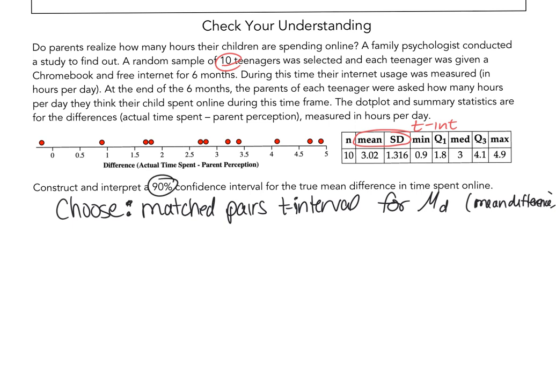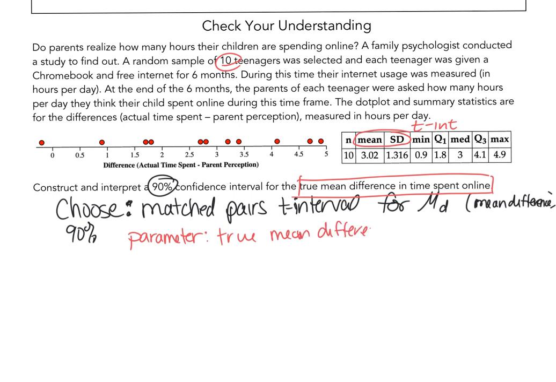And then it says 90% confidence. And then here is our parameter, okay? So the parameter can almost always be found in the question. The true mean difference in time spent online.